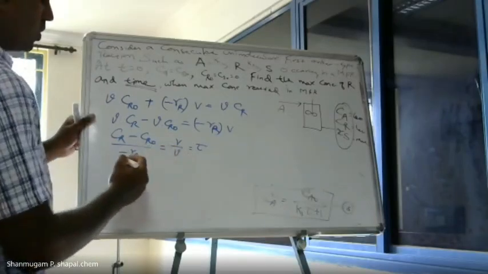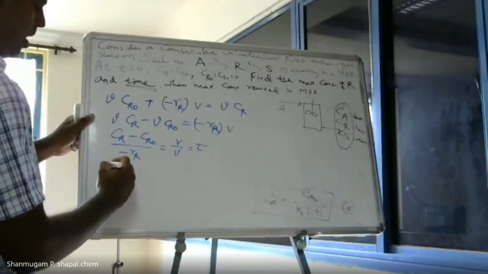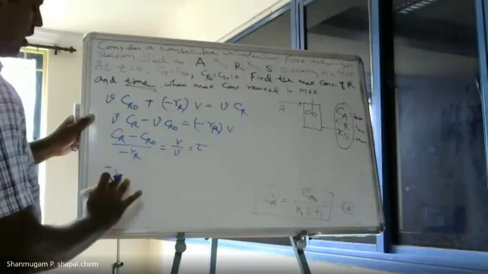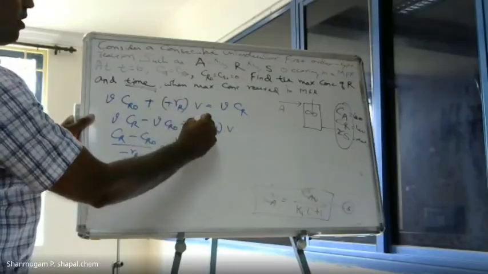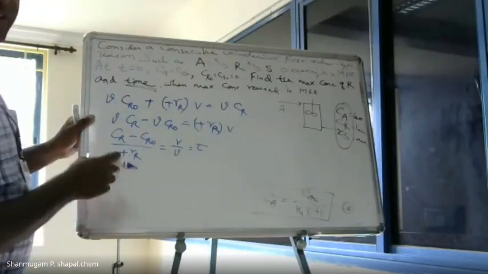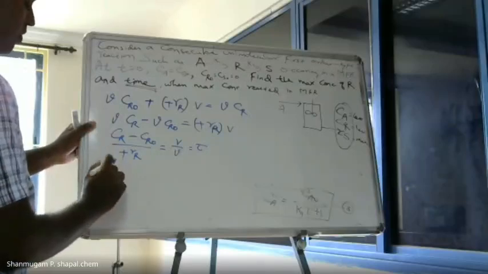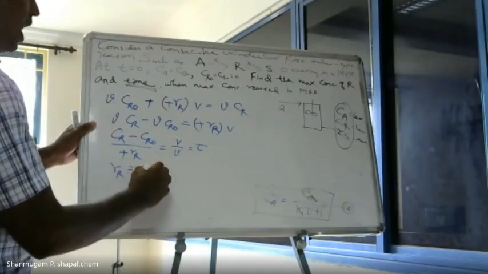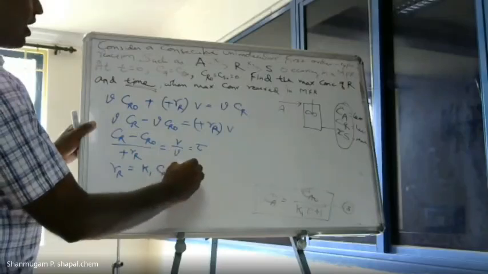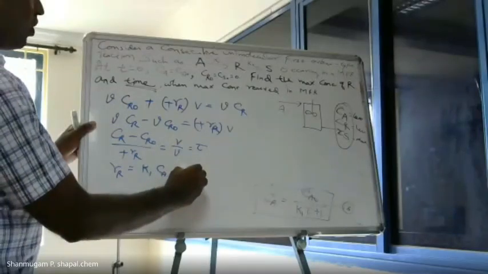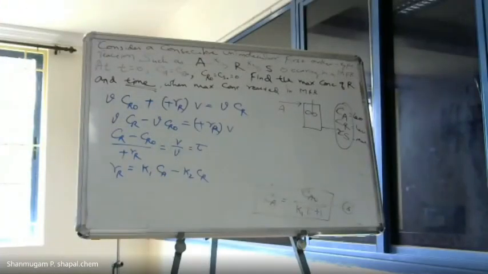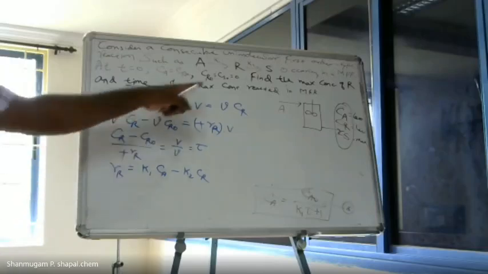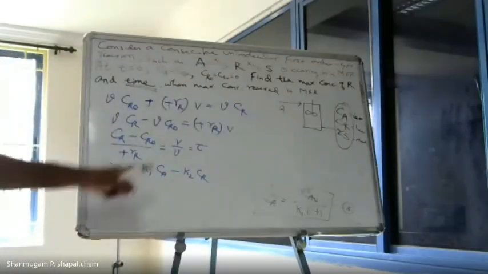And now, what is minus RR? Actually this is now plus, it's not minus, because it's the rate of formation. So RR will be K1 CA minus K2 CR. This is the rate expression that you can write for the intermediate.